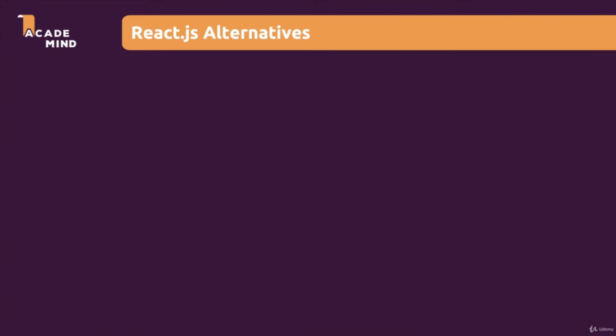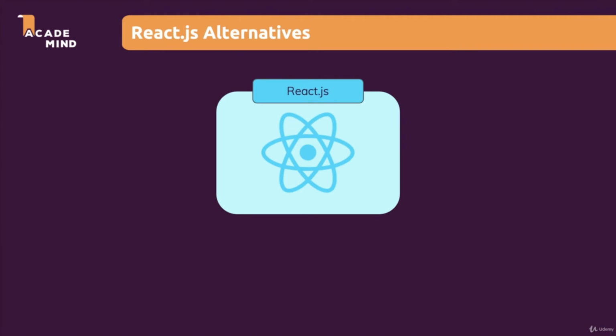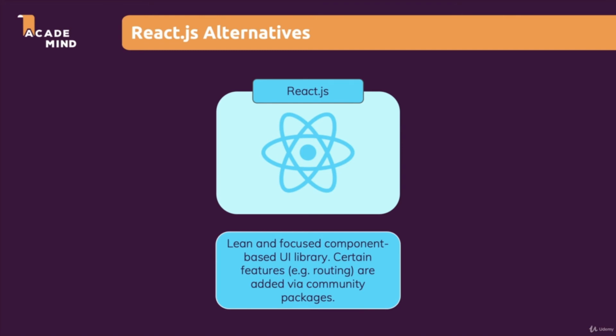Now, this course is about React, but it is worth noting that there are alternatives to React.js. We're going to focus on React here, and React is one of the most popular front-end frameworks or libraries, however you want to call it, you can learn. It's a lean and focused component-based UI library. It really focuses on this component thing, and it doesn't have a lot of other features built in.